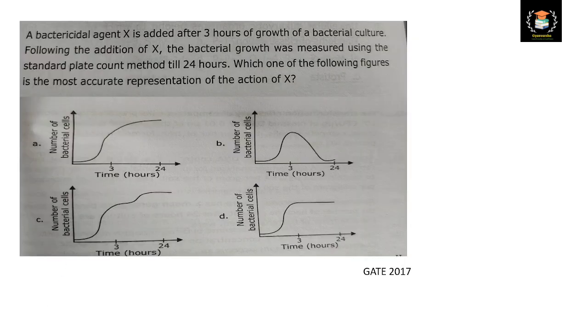Next question. This is a type of application question. A bactericidal agent. What is cidal? Cidal is killing. Agent X is added after 3 hours of growth of a bacterial culture. What does this sentence mean? After the bacterial culture was growing for 3 hours, then the killing agent was added.